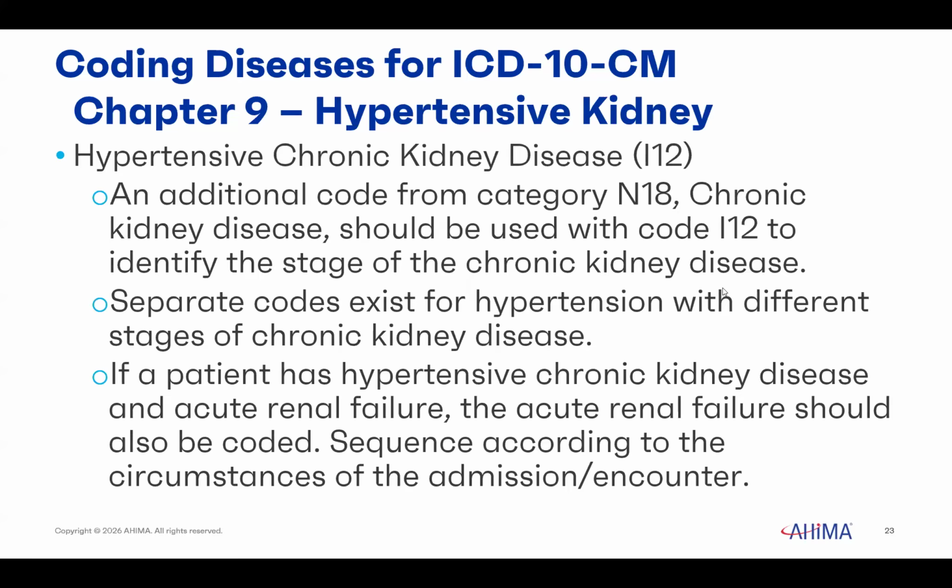If a patient has hypertensive chronic kidney disease and acute renal failure, the acute renal failure should also be coded. You would sequence them according to the circumstances of the admission and the encounter. In other words, what was the principal reason after study that the patient was admitted, or what was the reason for the encounter?